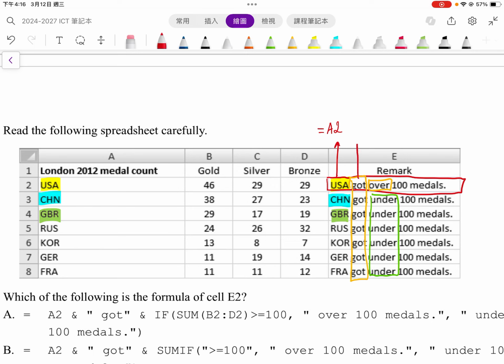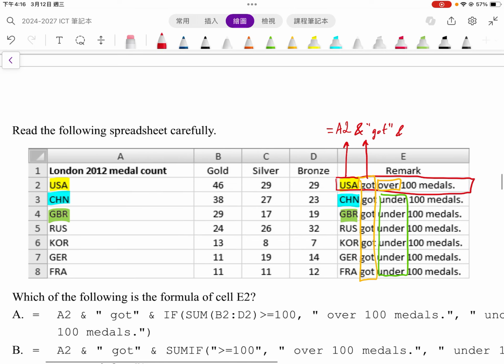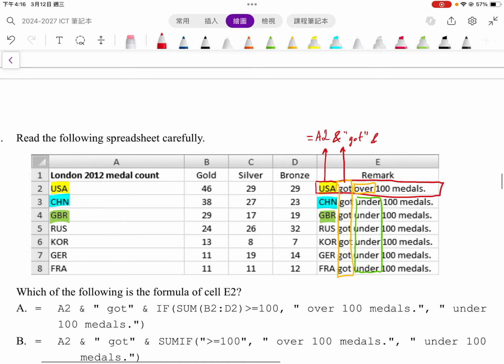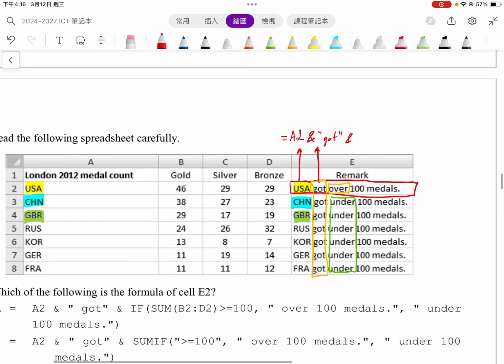So for this part, maybe you have the ampersand, and then you have the "got", and then keep going with the concatenation operator. You will see what happens next. Over, under, and then the rest of the things is basically the same. 100 medals, 100 medals, okay? So the only changing things is over and under.